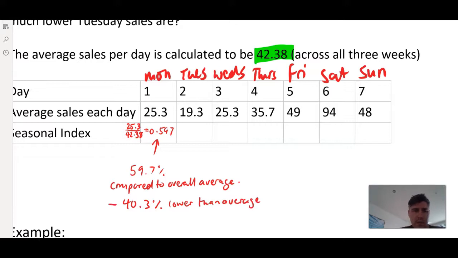Okay, so it's like minus 40.3%. Either way, it's a different way of looking at it, but it shows you roughly how good a Monday is. So we're going to go and work out the averages for the seasonal index for each day now. So if you pause the video, have a go at working them out and see how you go.